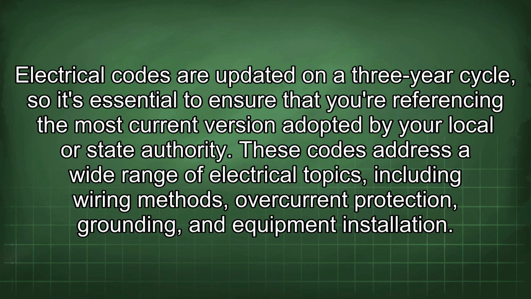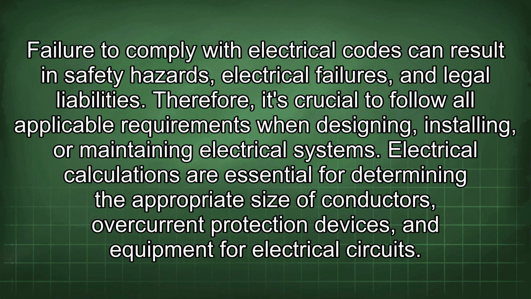These codes address a wide range of electrical topics, including wiring methods, overcurrent protection, grounding, and equipment installation. Failure to comply with electrical codes can result in safety hazards, electrical failures, and legal liabilities. Therefore, it's crucial to follow all applicable requirements when designing, installing, or maintaining electrical systems.